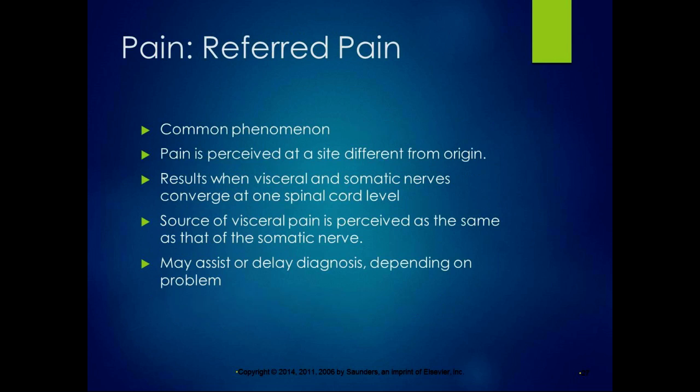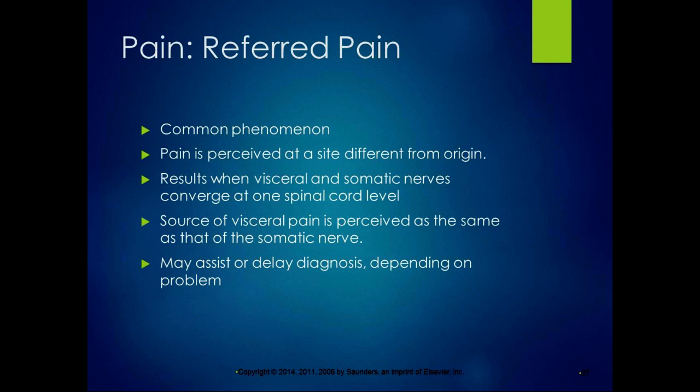So referred pain is a common phenomenon with visceral causes of pain. Referred pain is when pain is perceived at a site different from the actual origin of the pain, and it results from visceral and somatic nerves converging at one spinal cord level. So the source of the visceral pain is perceived as the same as that of the somatic nerve.